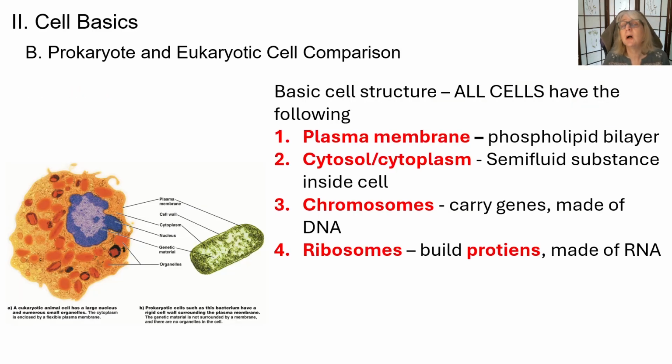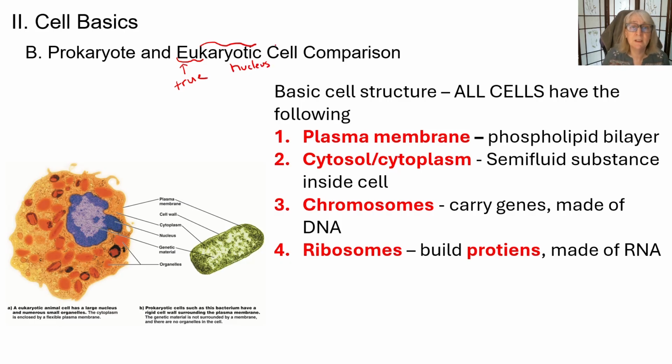There are two broad categories of cells. We talked about cells that were in the bacteria and the archaea in the first lecture. Those were prokaryotic cells. And we talked about cells like you. You are a eukaryotic cell. Eu meant true. Karyotic meant nucleus.